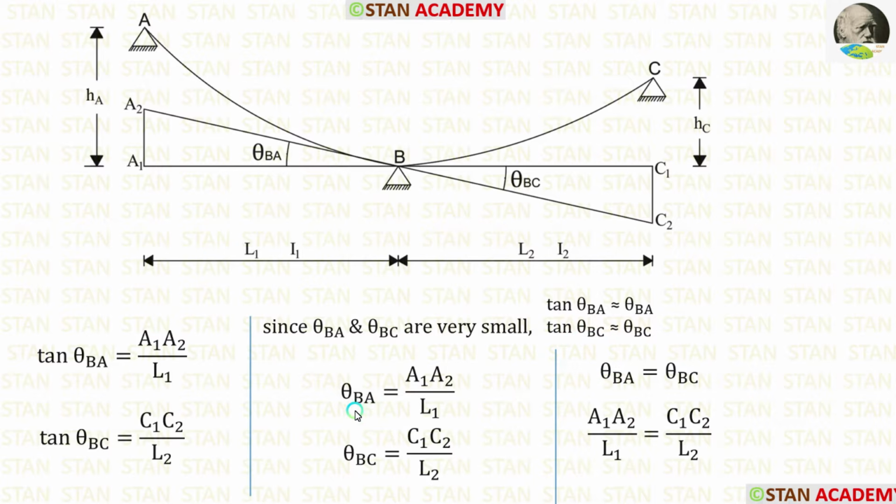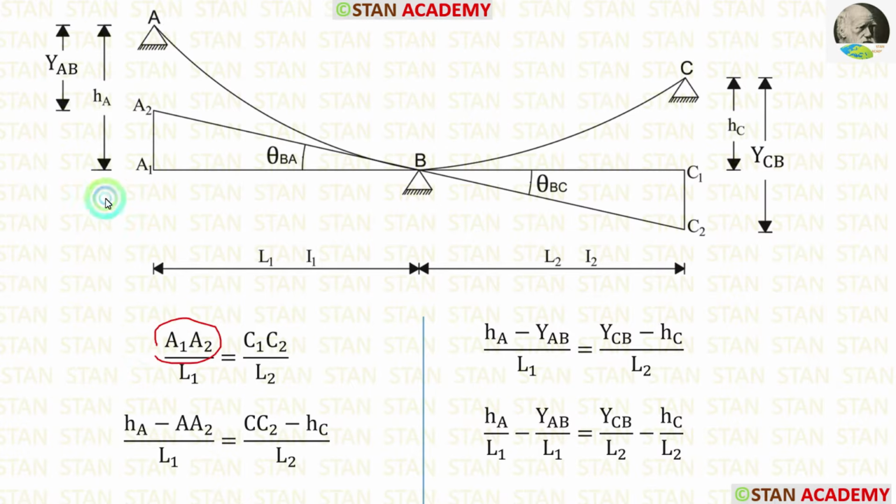In this case, theta BA is equal to A1 A2 by L1, and theta BC is equal to C1 C2 by L2. We can clearly see that theta BA and theta BC are the same. So we can write theta BA is equal to theta BC. For theta BA, we can apply this value, and for theta BC, we can apply this value.